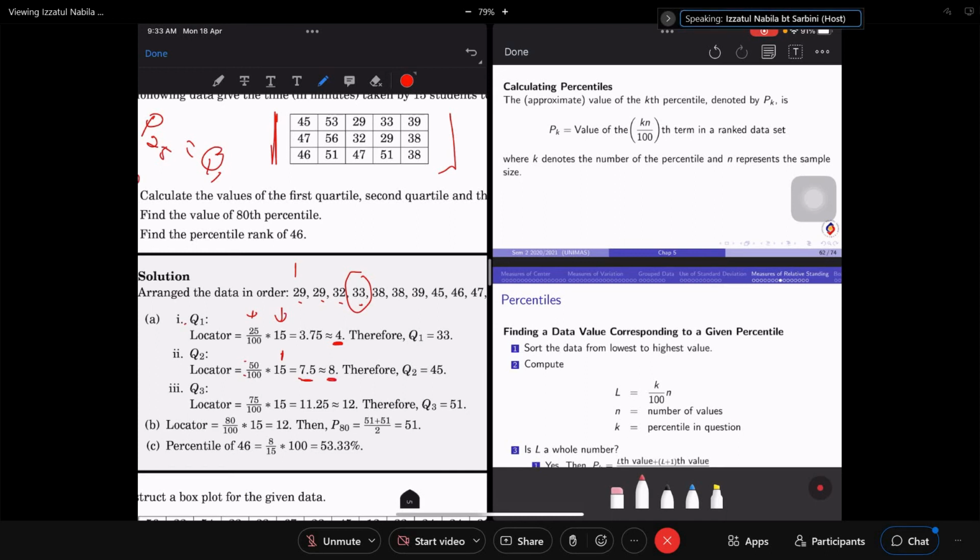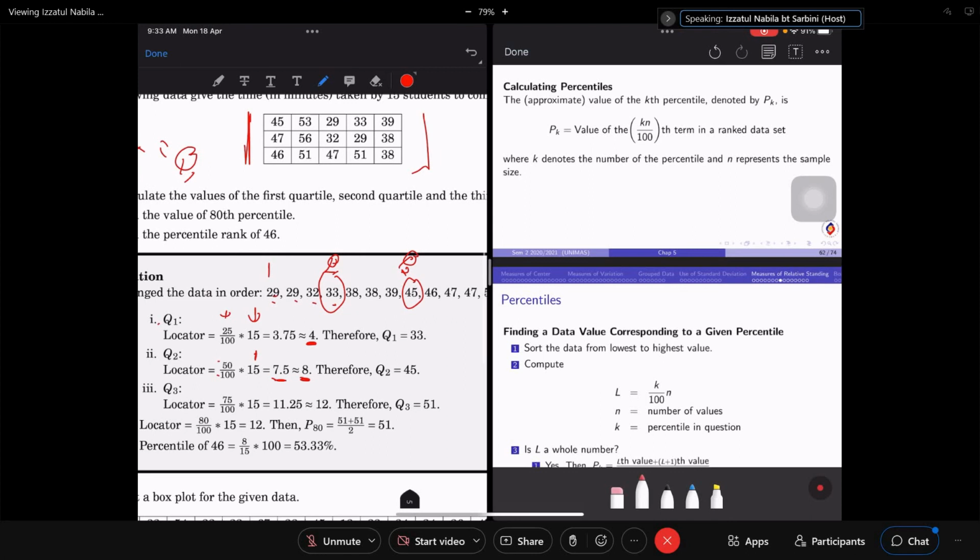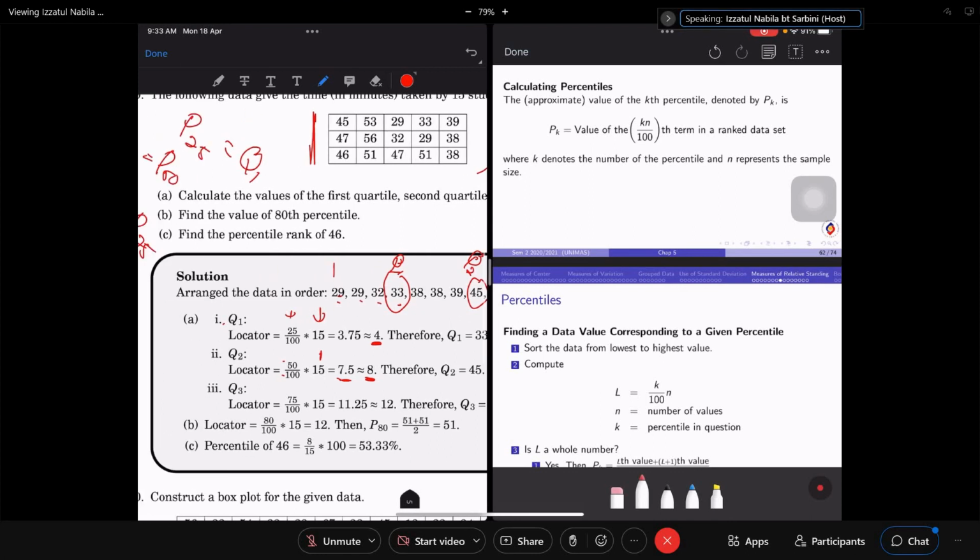You get 8. So the second quartile is at position 8. So 1, 2, 3, 4, 5, 6, 7, 8. The second quartile will be 45.